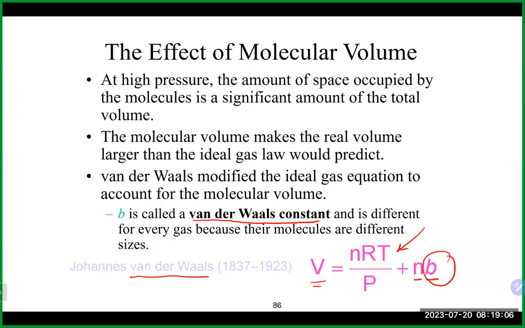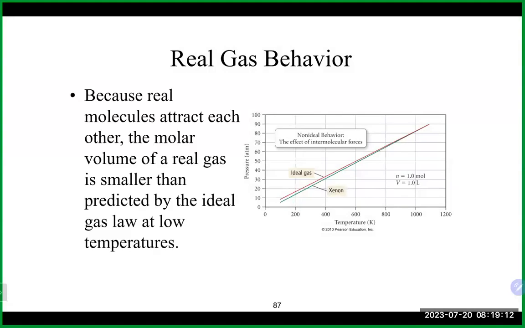So this correction for the volume was done to the ideal gas law. But in addition, we also had to take into account what happens at low temperatures. At low temperatures, everybody is moving very slowly, which means as these two guys pass in this can, they are definitely going to be near each other for a lot longer period of time than if they were just whizzing by each other, not really staying near each other for all that much time.